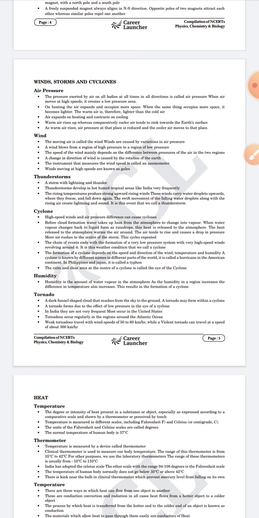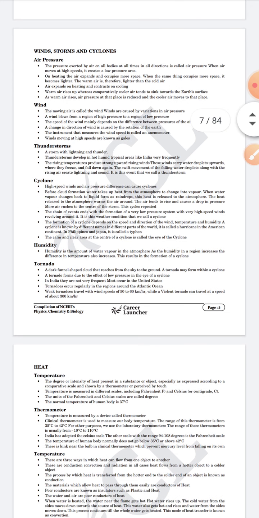A cyclone is known by a different name in different parts of the world. It is called a hurricane in America and a typhoon in the Philippines and Japan. A calm and clear area at the center of the cyclone is called the eye of the cyclone.